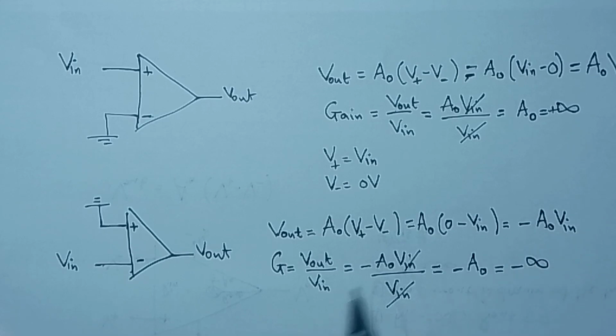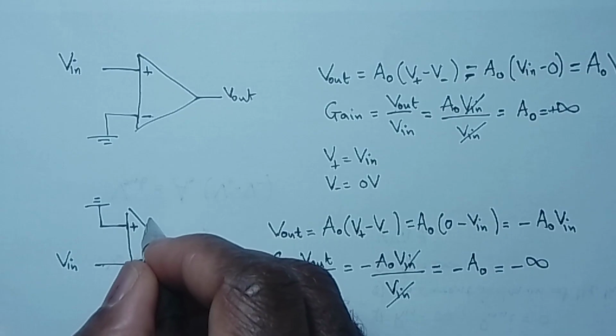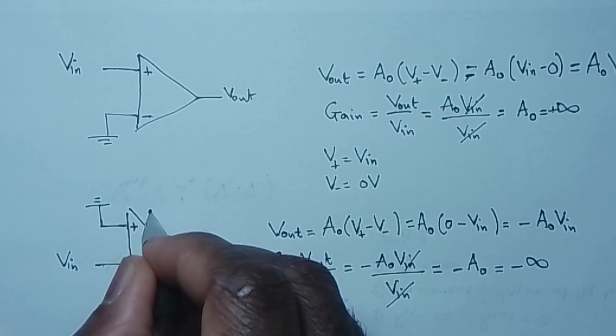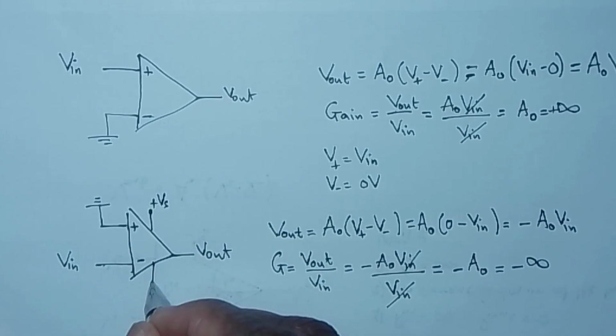But with a real op amp, the output is limited by the supply voltages, which are not shown in these drawings. But as we know, an op amp has extra 2 terminals for the supply voltages.